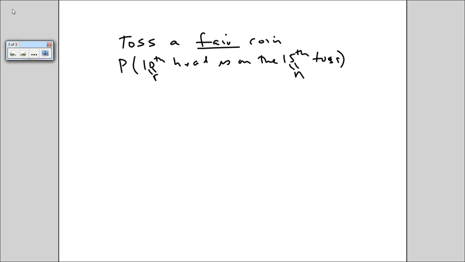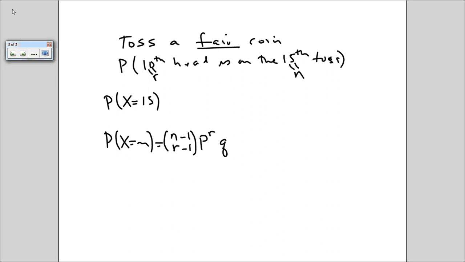And we know that the probability that X equals 15, took 15 tosses to get 10 heads, we know that the probability that X is n is n minus 1 choose r minus 1, times p to the r, times q to the n minus r.